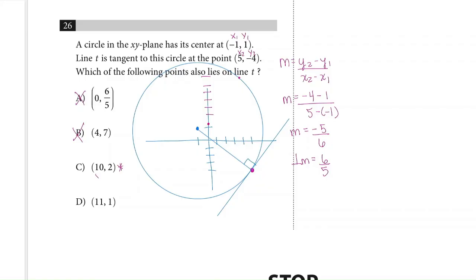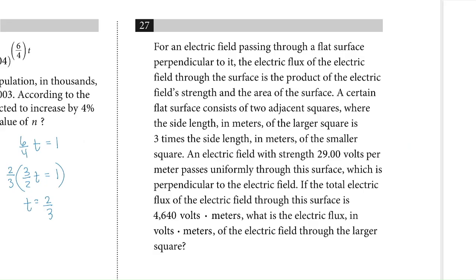If this is now our x1, y1, and we're still going to use this as our x2, y2, let's apply this formula again. You can see here that we did get the correct slope, which is 6/5, which means that this point falls on the line. This is the last question on Module 1.